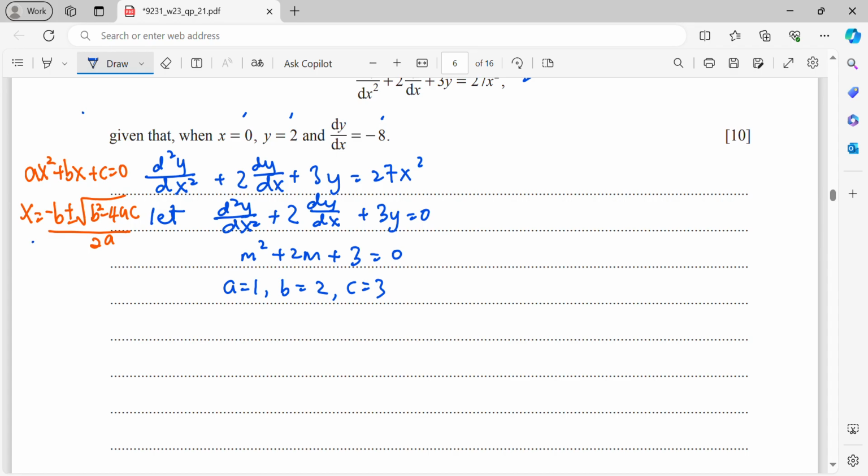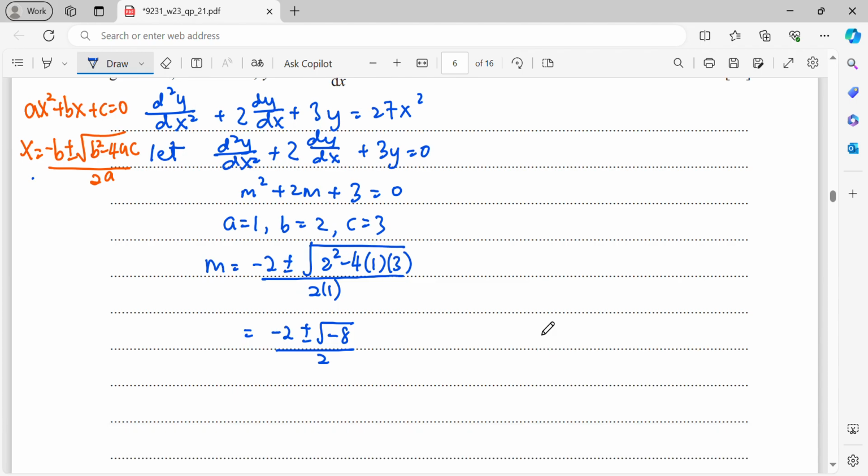Then now apply this formula by changing the x into m. So I will get m equals minus 2 plus minus square root of 2 squared minus 4 times 1 times 3 over 2 times 1. Then from here, I will get minus 2 plus minus square root of minus 8 over 2.